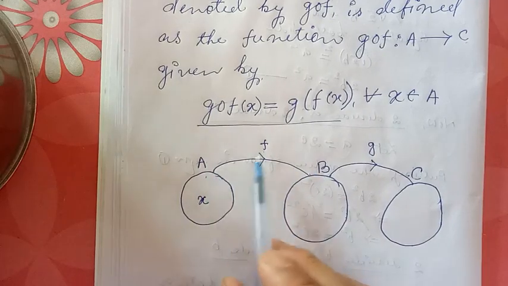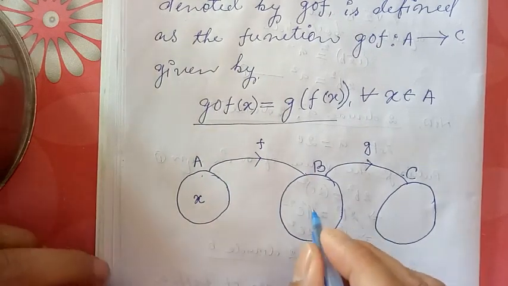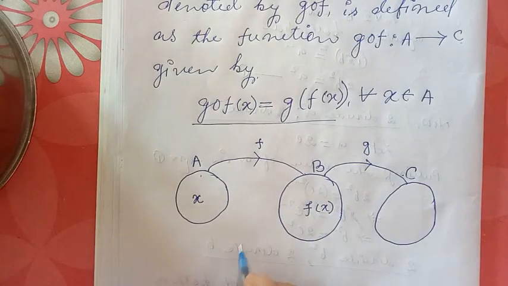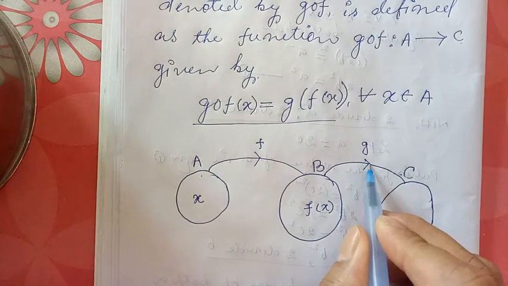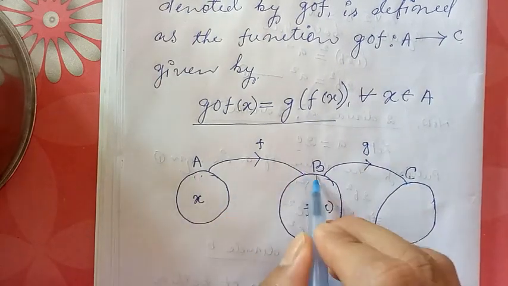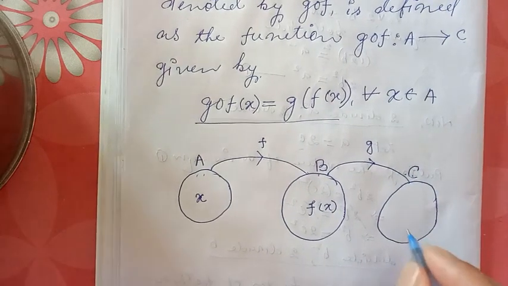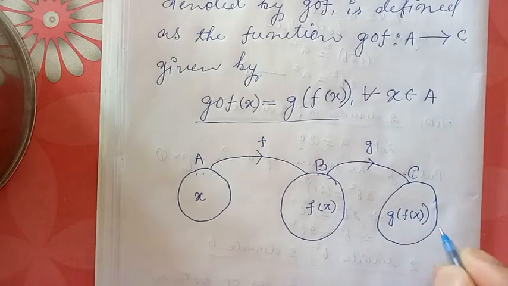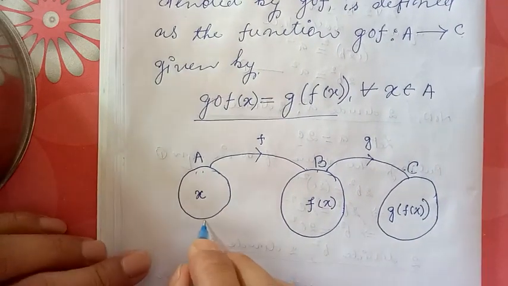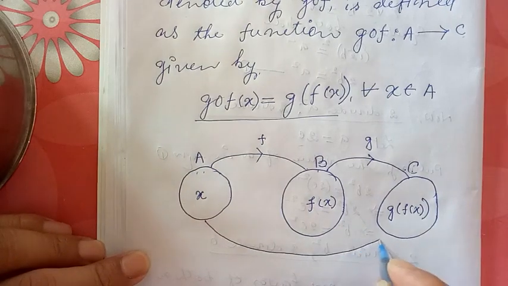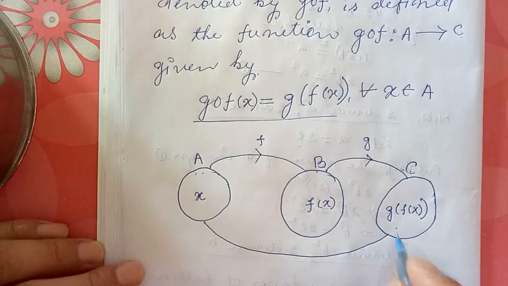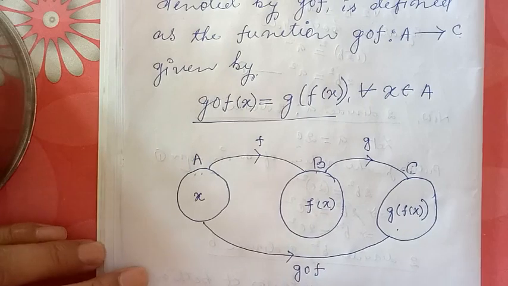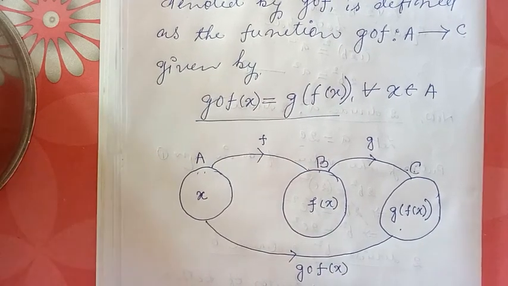The function from A to B is taken as f, and this is written as f(x). The next function starts from B to C, and with these functions we get g(f(x)). The function which comes directly to C is known as g o f.